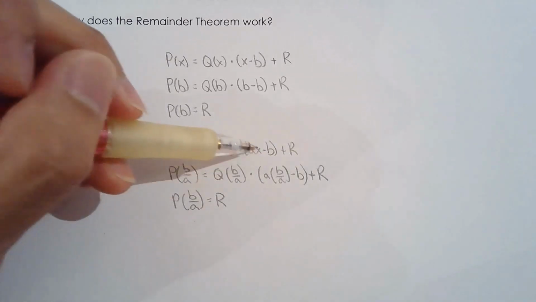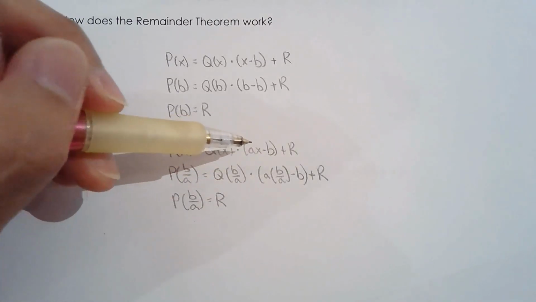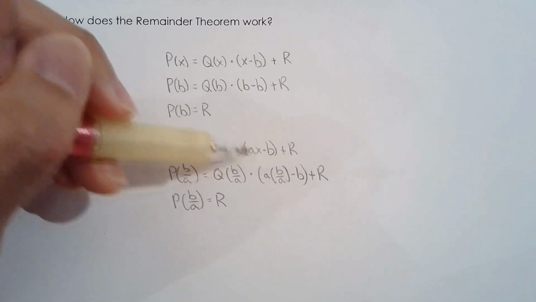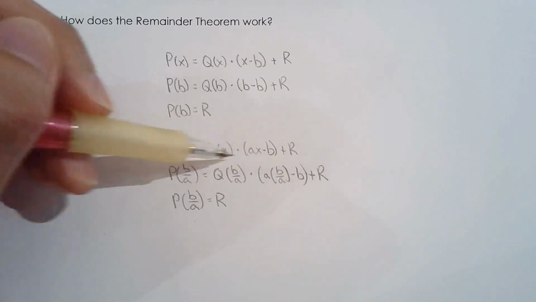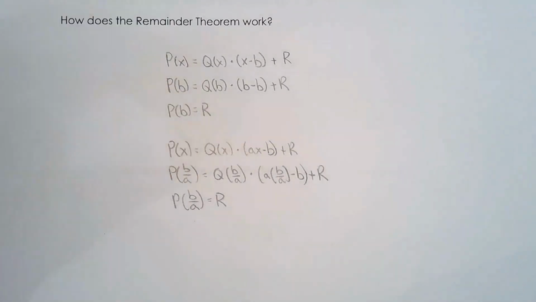You want to make the divisor equal to 0, because if you look at the division statement, that will basically leave you with the remainder. So hopefully that answers our first question. The remainder theorem can be proven from the division statement. That answers how the remainder theorem works.